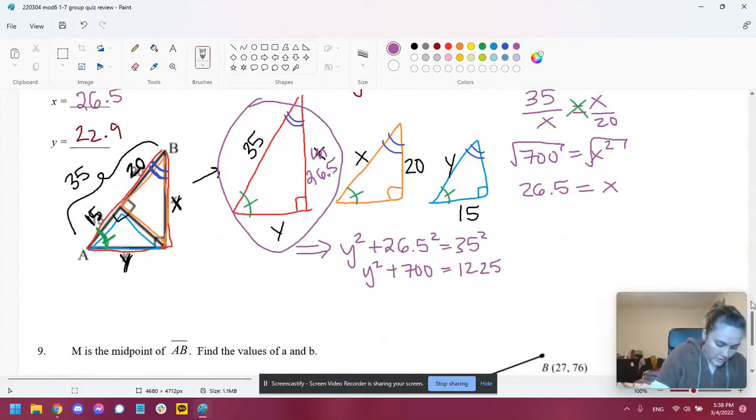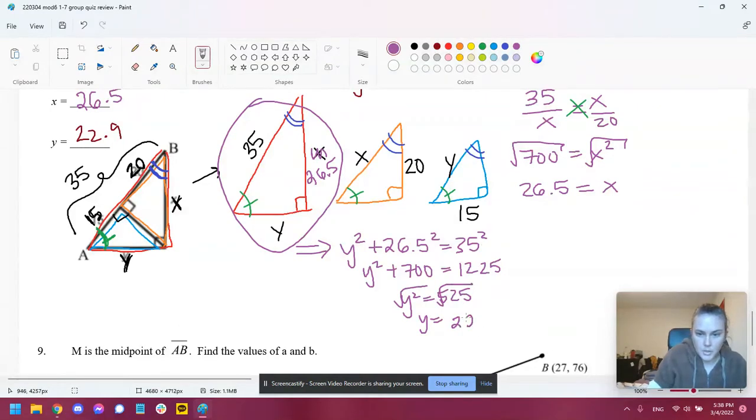I then could have subtracted 700 from both sides, gotten that y squared was 525, square rooted both sides, and got 22.9. Pretty good. Same.